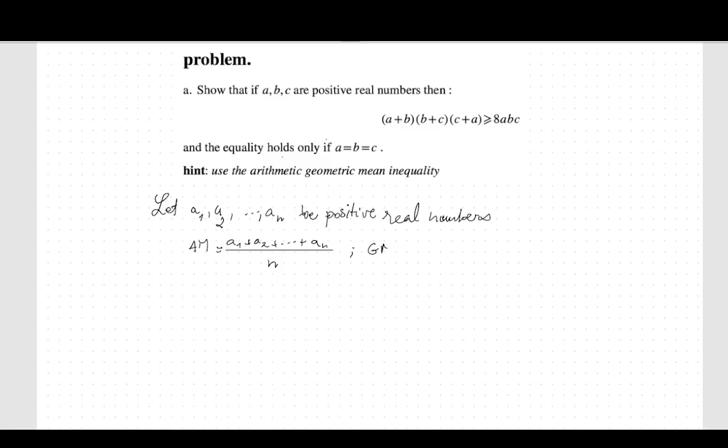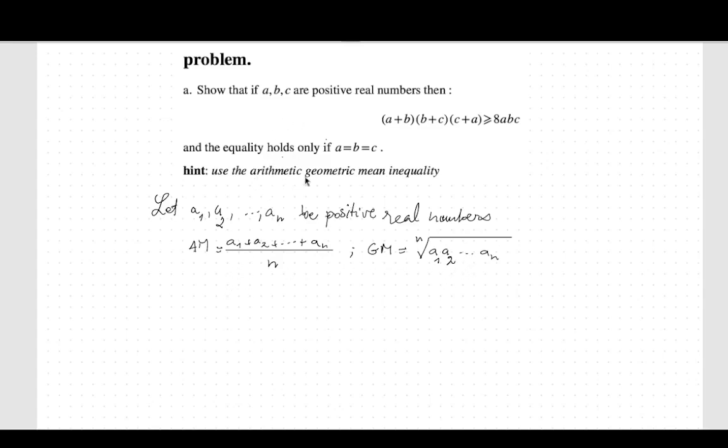The geometric mean is equal exactly to the nth root of the product a1, a2, a3 times an. So we have the product of all the n numbers.